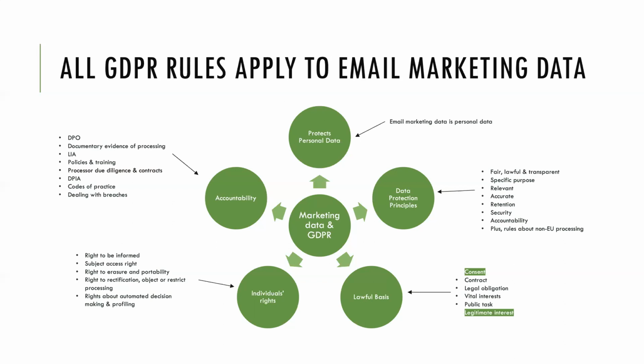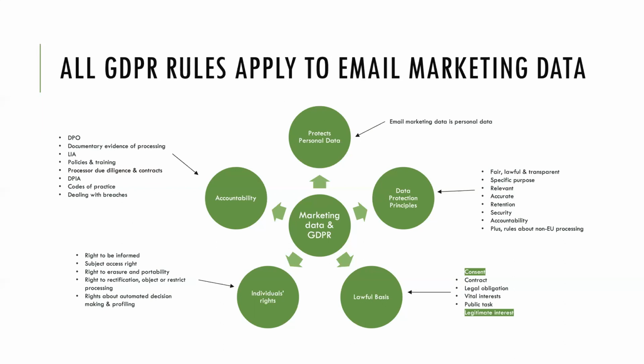I'm not going to go through all of those in more detail, but generally they set out the rules. So things like not retaining data longer than necessary, not asking for data you don't need, making sure all processing is done securely, and so forth. I've highlighted two lawful bases there because when it comes to email marketing, those are the two that probably count the most.